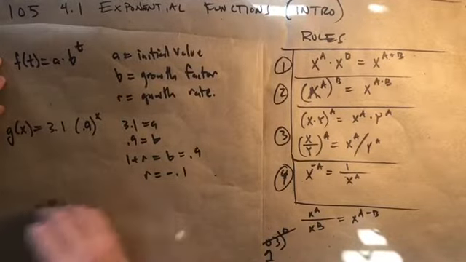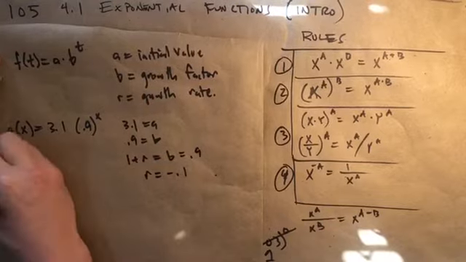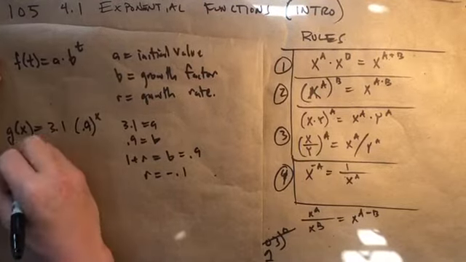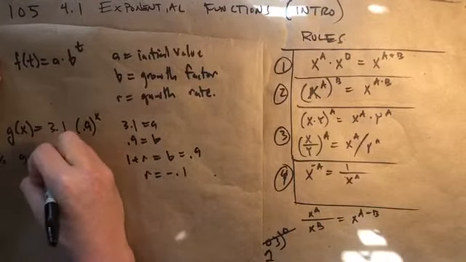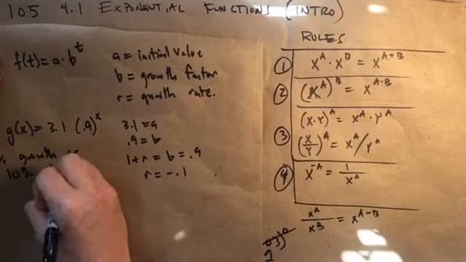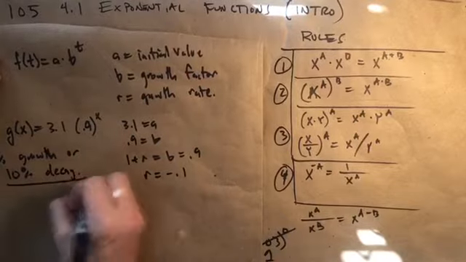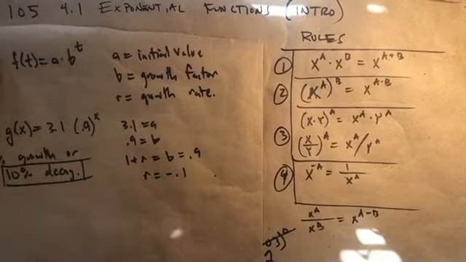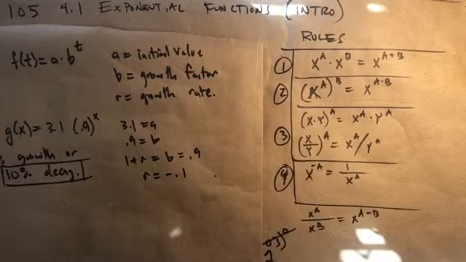But I could say that this is 10%, I'm sorry, negative 10% growth, or 10% decay. And, you know, 10% decay is probably the preferred way to discuss this thing.